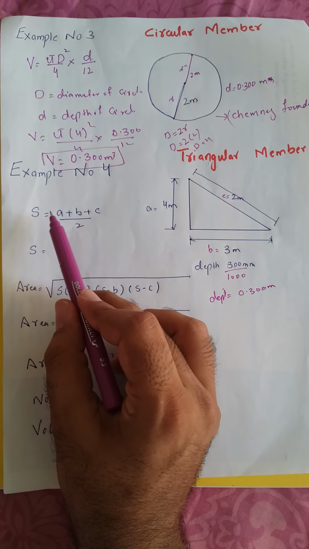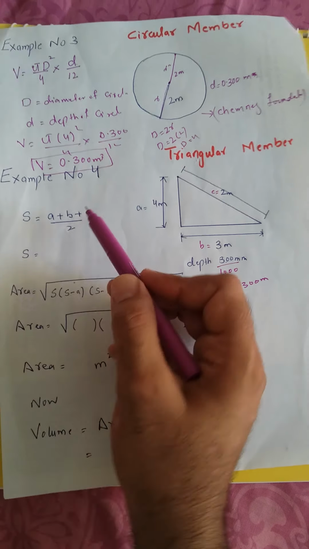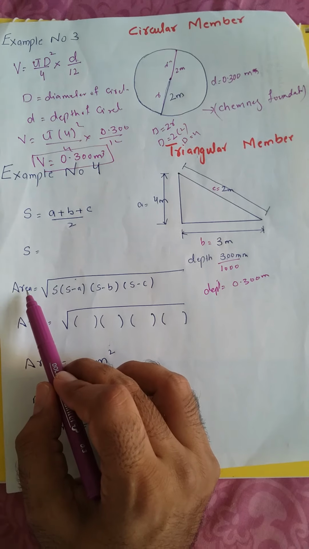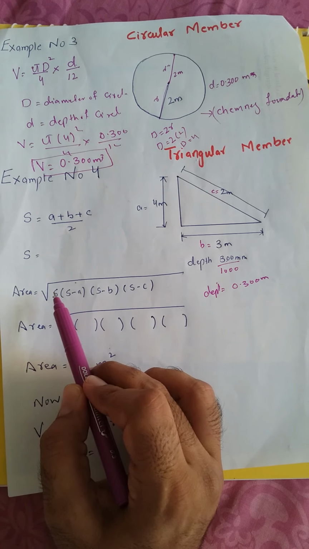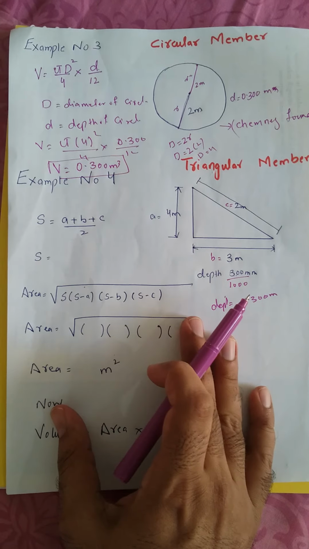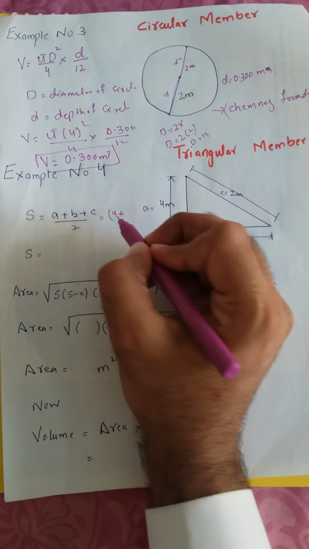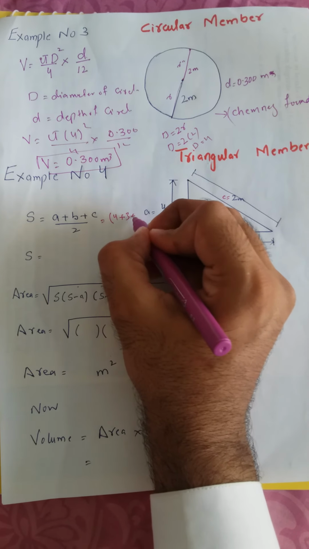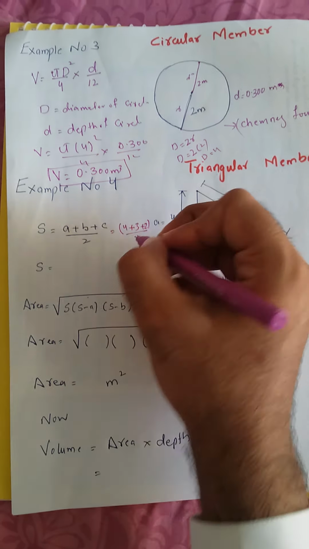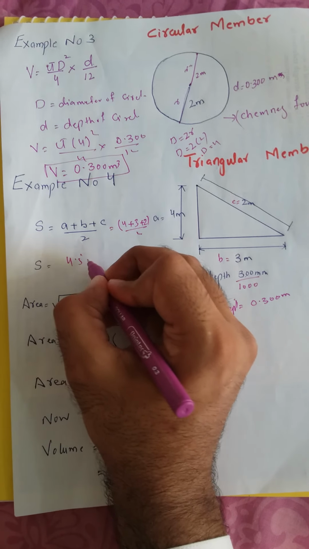First we have to calculate S, which is equal to A plus B plus C divided by 2, and second we have to calculate the area. Area is equal to under root S, S minus A, S minus B, S minus C. Now viewers, I will put values here. A is 4, B is 3 and C is 2. Dividing by 2 we get S equal to 4.5 meter.